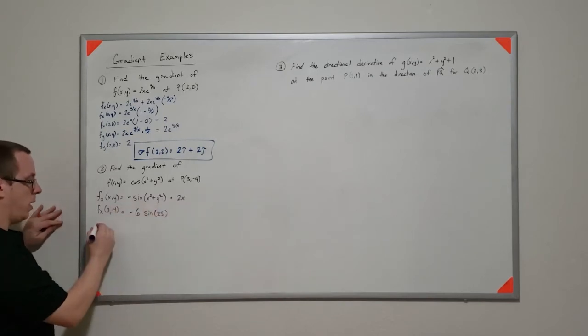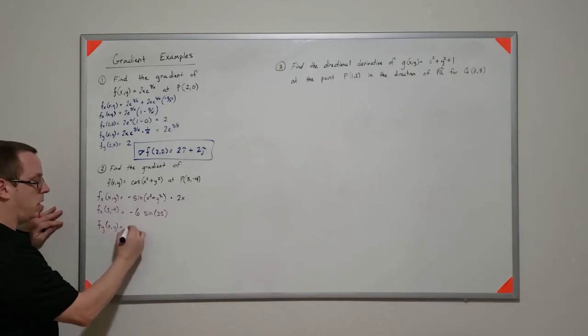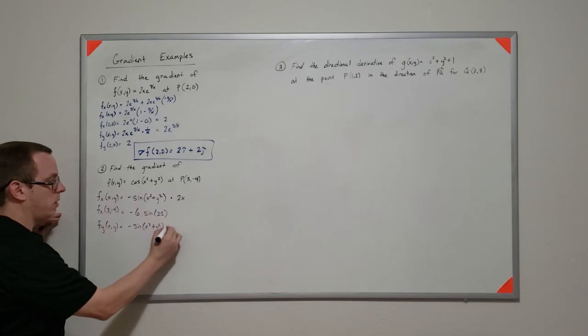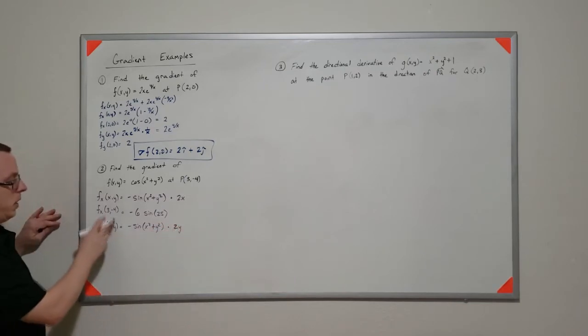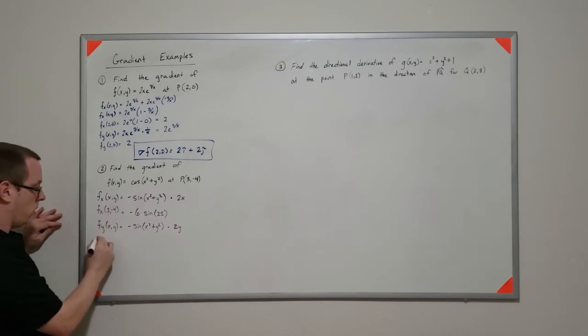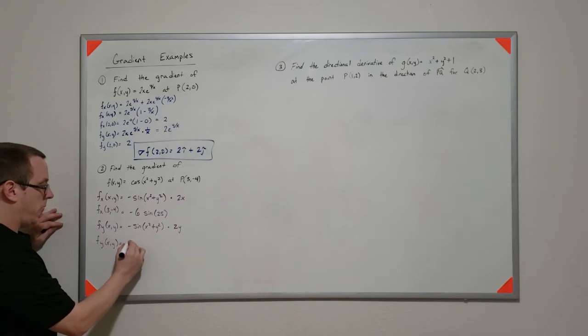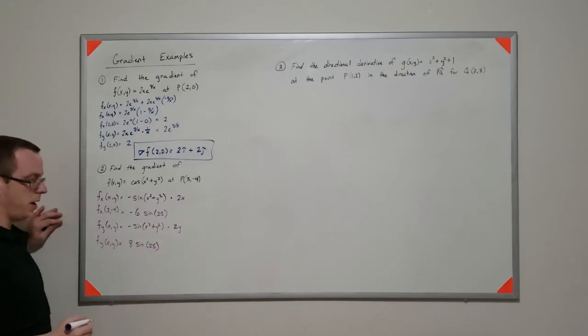The 3. All right. So the partial with respect to y is also negative sine of x squared plus y squared times 2y. When we plug in a negative 4 there, we get 8 sine of 25.